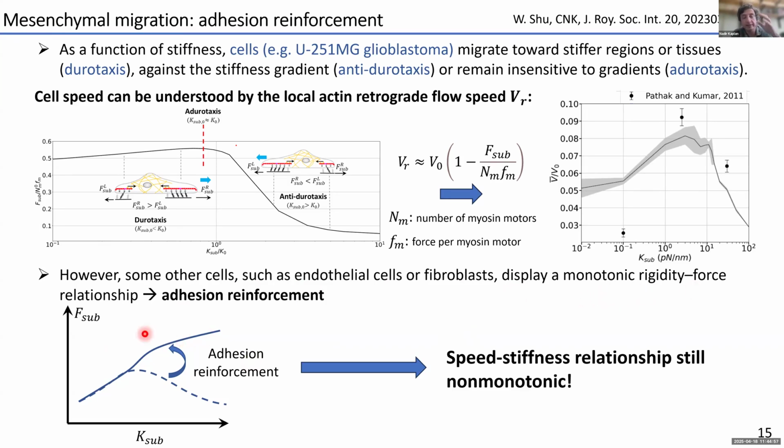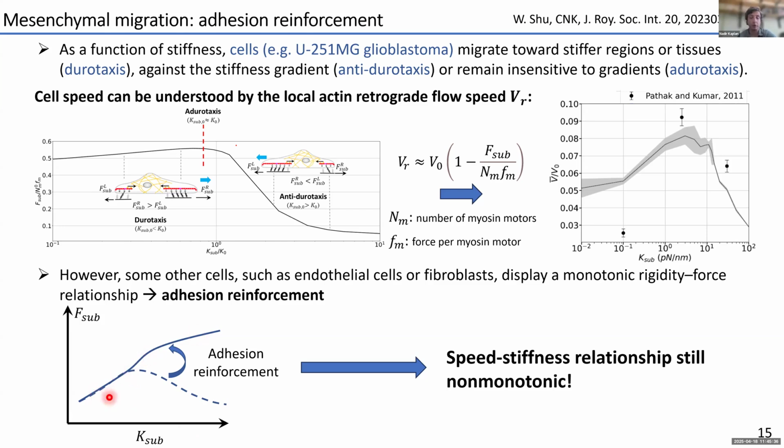And this is simply because a cell attaches to a substrate, and then when the traction forces increase, you would expect that it could dissociate bonds because of strong forces, because these springs are now pulled very strongly. But the cells can actually actively reinforce those adhesions by additional proteins like talin, for instance, or other molecules or proteins as well, and that way can generate more substrate traction as a function of substrate stiffness.